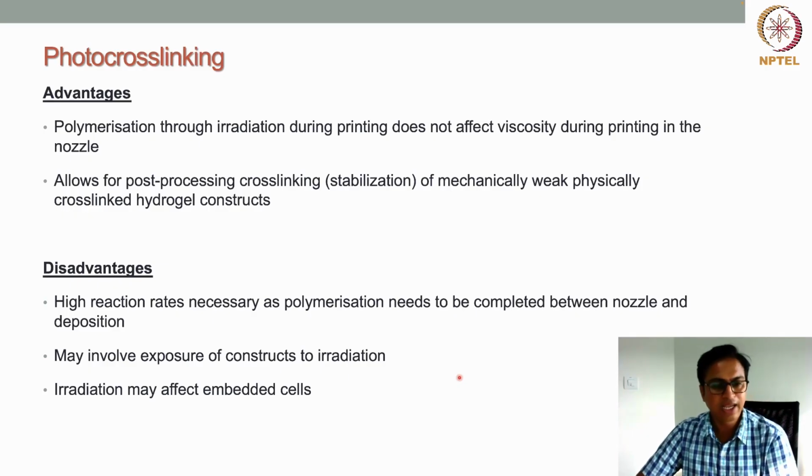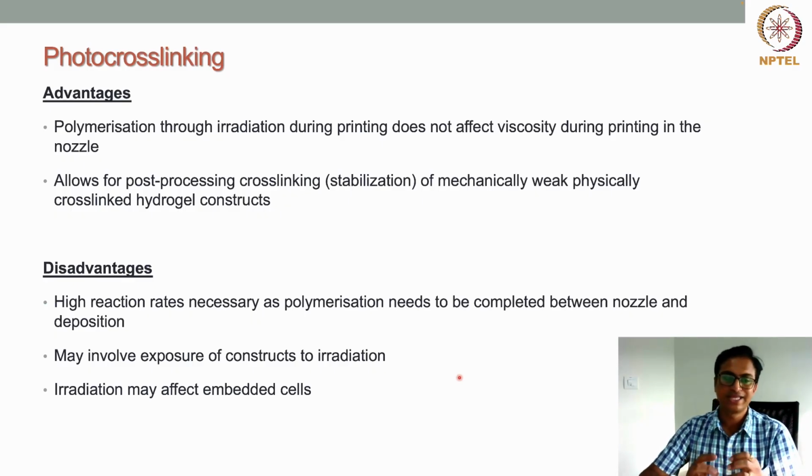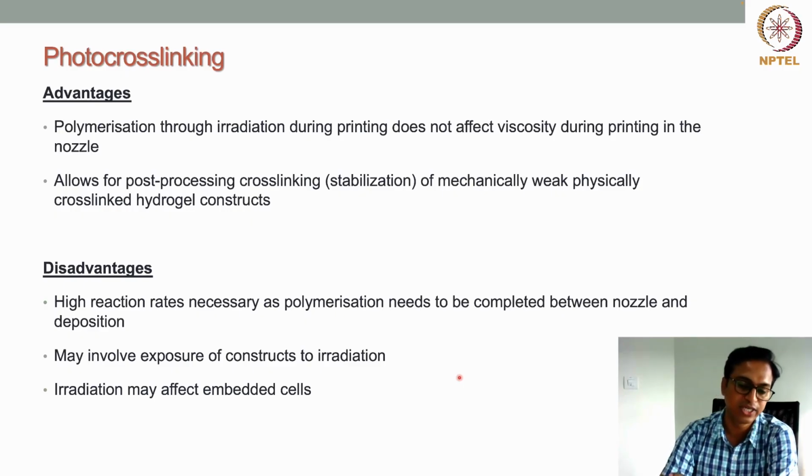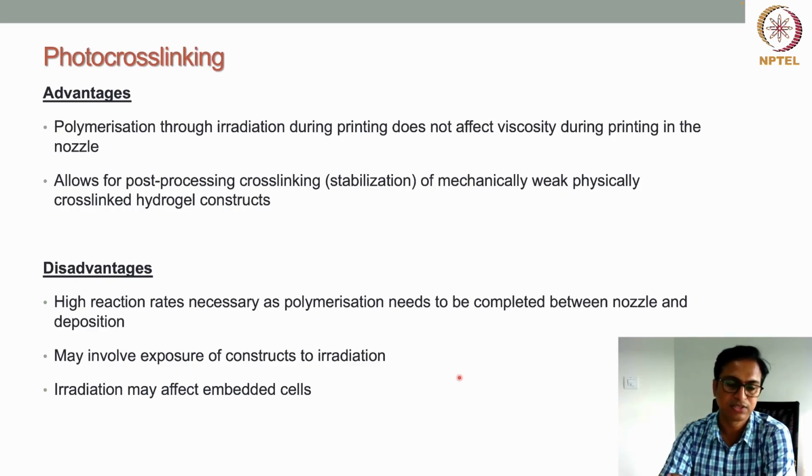Again, irradiation may affect the embedded cells. The embedded cells within the structure can get exposed to the UV radiation, and because of this, the cells can get damaged. So we need to take care of these things. These are the advantages and disadvantages of photo cross-linking.